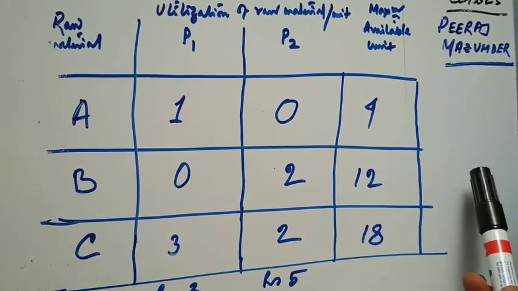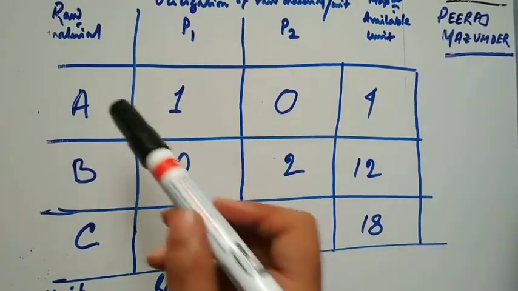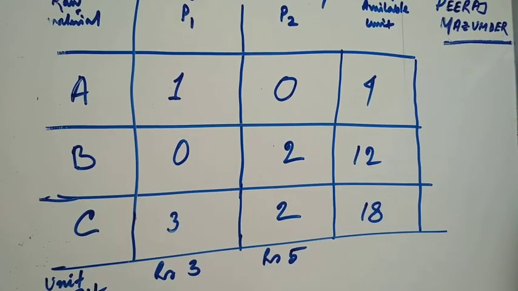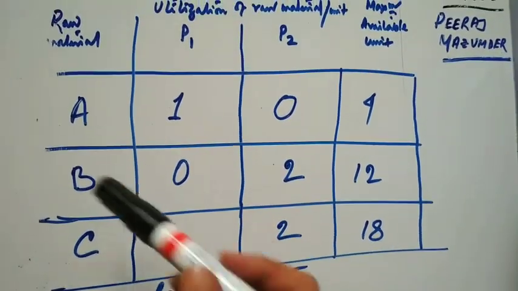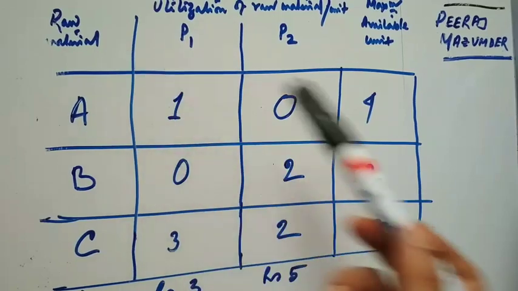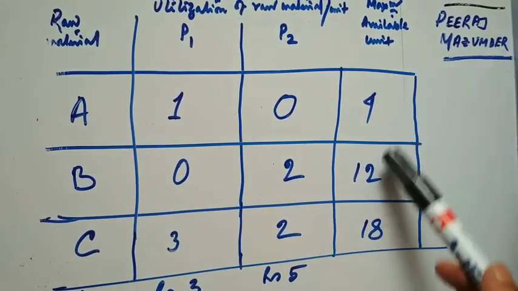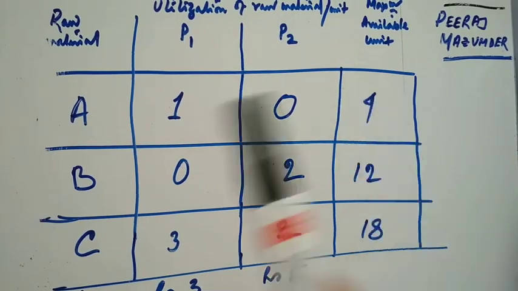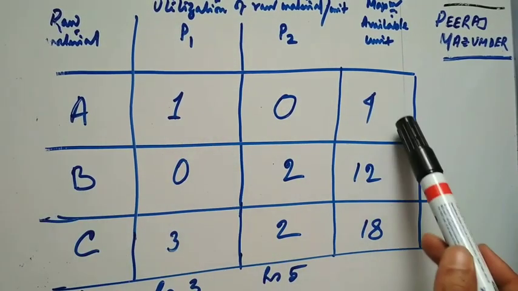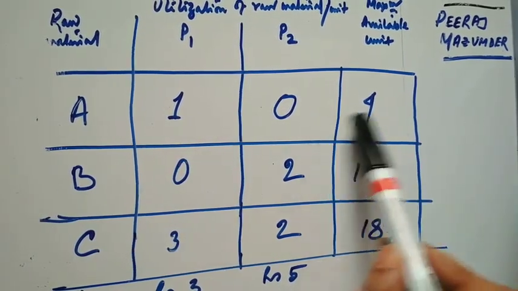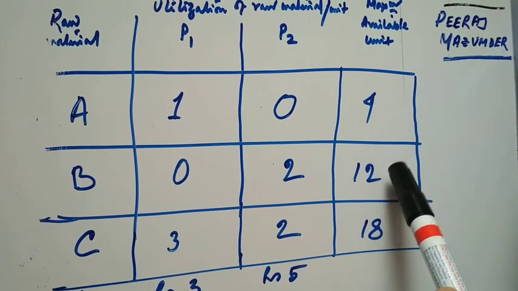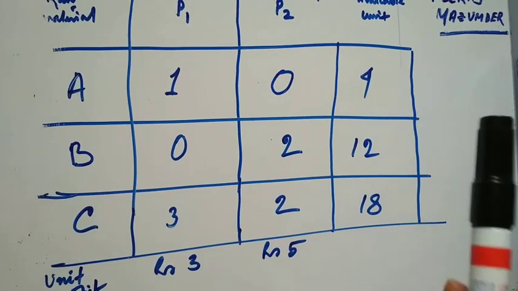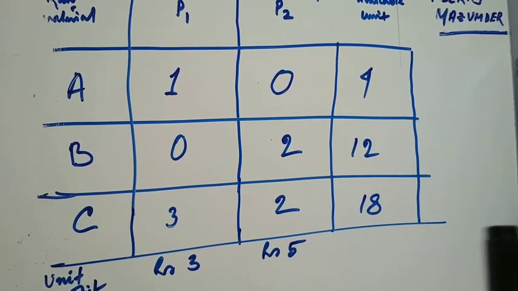Now we have raw materials A, B and C, and for these raw materials A, B and C we have maximum available units of 4, 12 and 18. These are known as the constraints, which I have told you earlier. These are the restrictions. You cannot exceed 4 or 12 or 18. This you have to keep in mind.